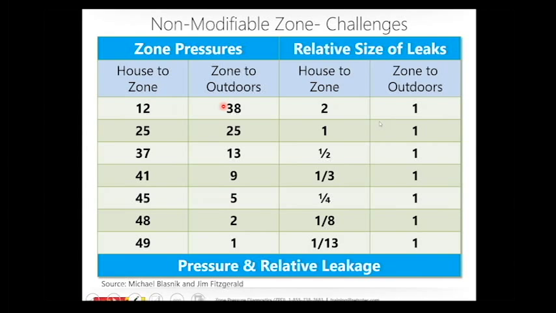So then our relative size of the leak with the house to the zone is 2 to 1. And then the zone to the outdoors is always going to be 1 to 1. So we're not too concerned about this, but 2 to 1. What we're saying is that the amount of leakage from the house to the zone is half of the zone to the outdoors.